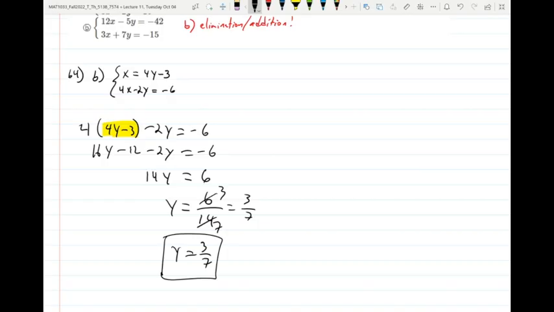Okay? So now that we know y, then let's go to the first one and figure out x. So x is going to be 4 times 3 over 7 minus 3. So what is this? That's 12 over 7 minus 3. Remember, this is over 1. I'm going to multiply by 7 top and bottom to make the denominators the same. So we get 12 minus 21. What is that?